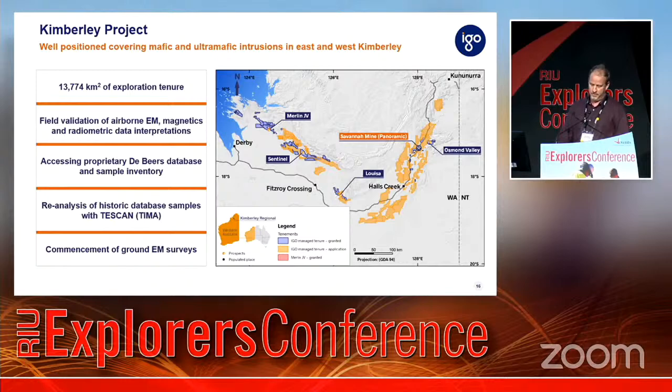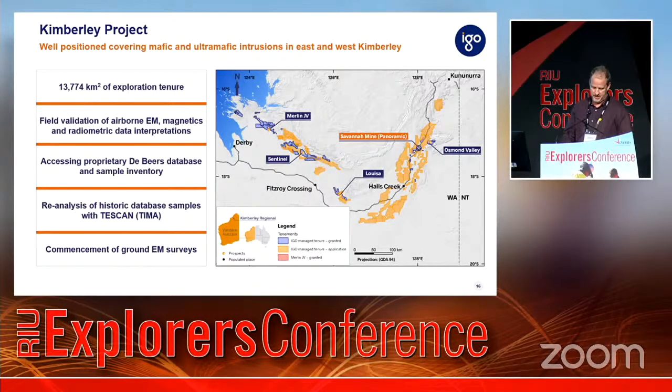Complementing all that as well, we've been doing some sampling, XRF traversing, and then we also supplemented these data sets with our proprietary De Beers database, where we have a sample inventory that includes about 6,000 stream samples and about the same number of heavy mineral concentrates.